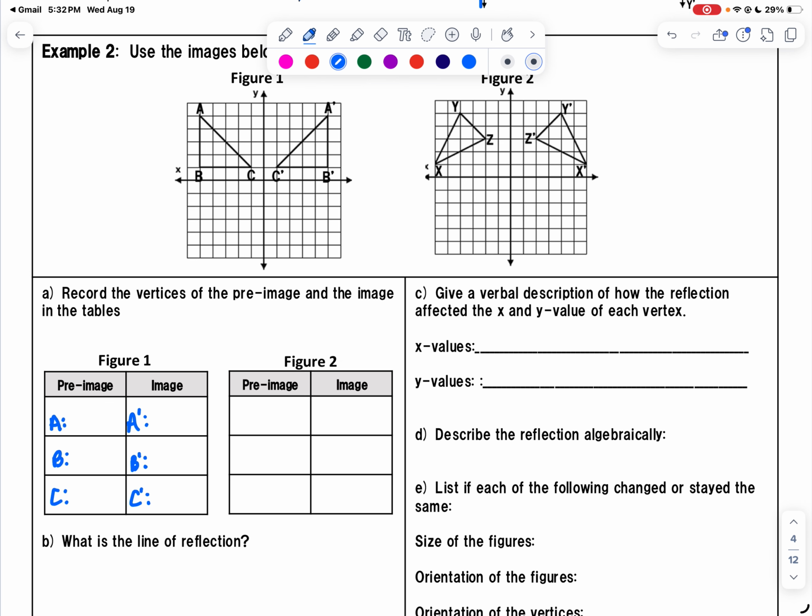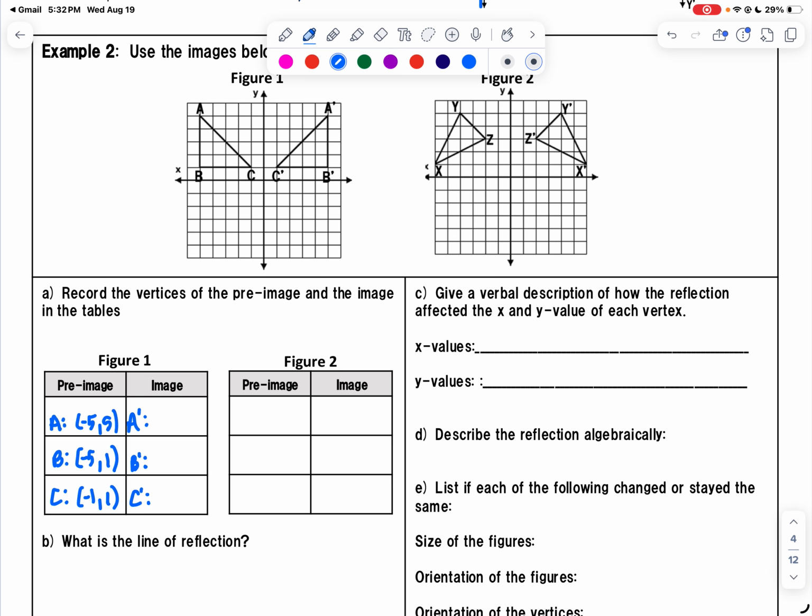So point A, if we start at 0, 0, we would have to go 5 to the left, so negative 5, and then 5 up. So negative 5, 5. Point B also goes 5 to the left, but it only goes up 1. So negative 5, 1. C goes left 1 and up 1.